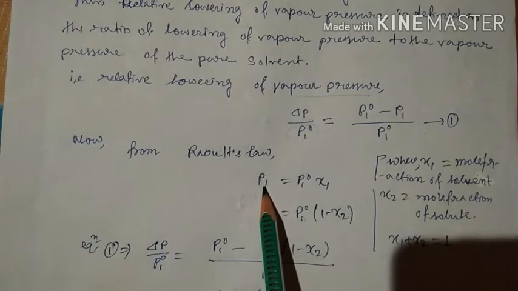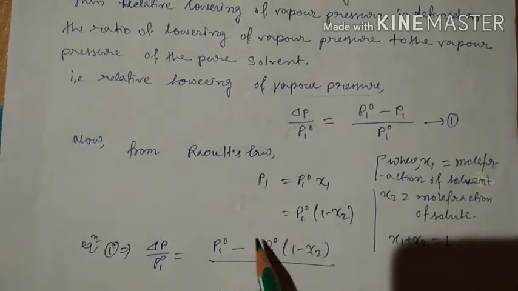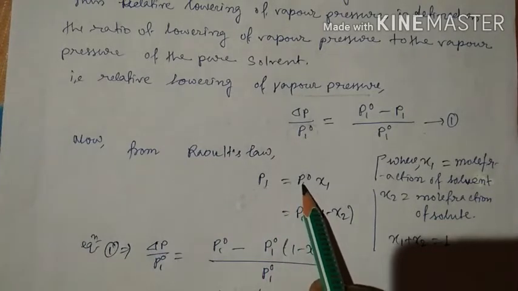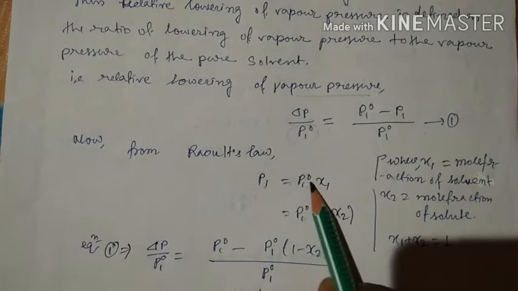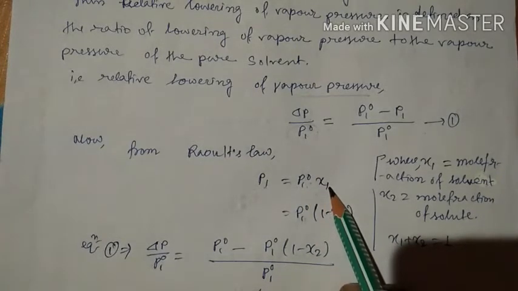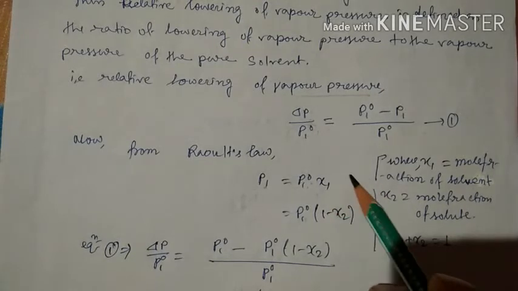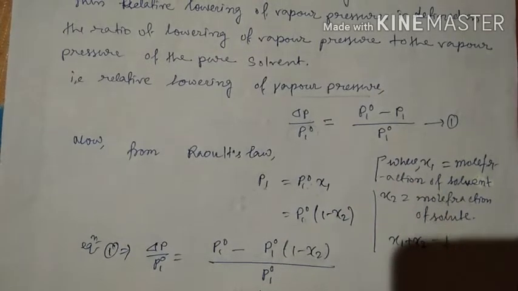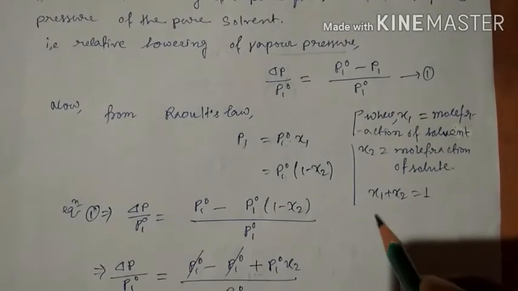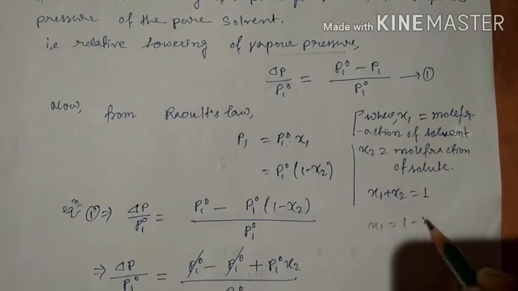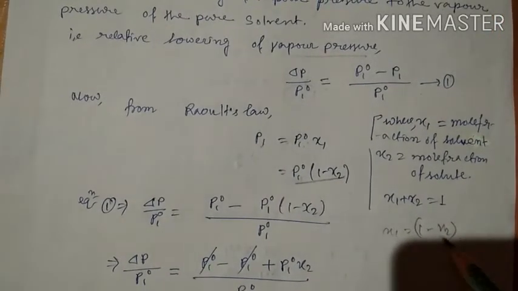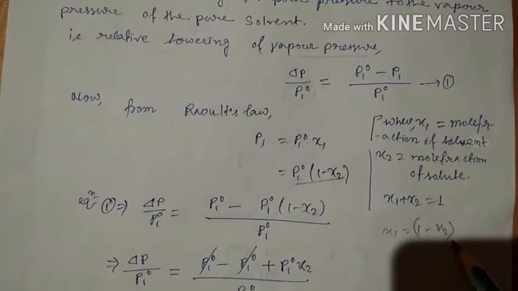P1, the vapor pressure of the solvent, equals the vapor pressure of the pure solvent times the mole fraction of the solvent, that is xi1. Again we know xi1 plus xi2 equals 1, so xi1 equals 1 minus xi2. Now just put this value here.